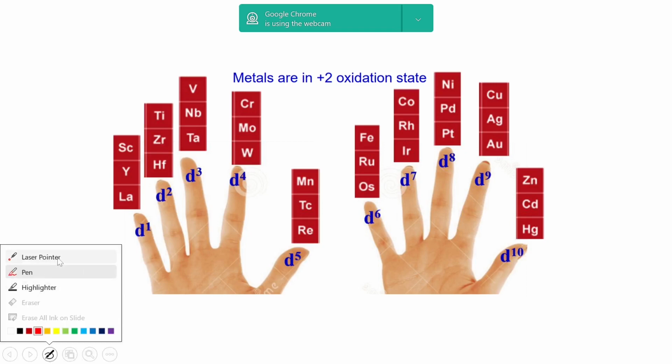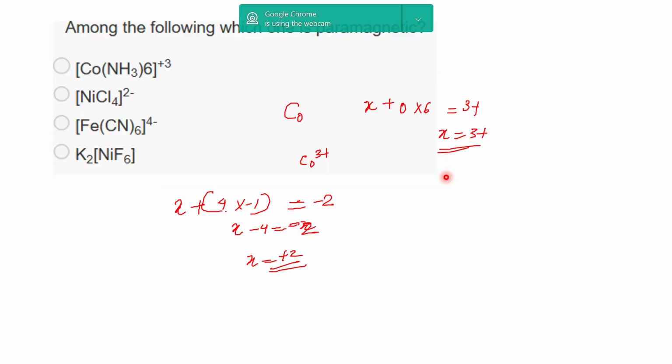I have a question, ma'am. For cobalt in plus three state, NH3 acts as a strong field ligand, so pairing occurs there.